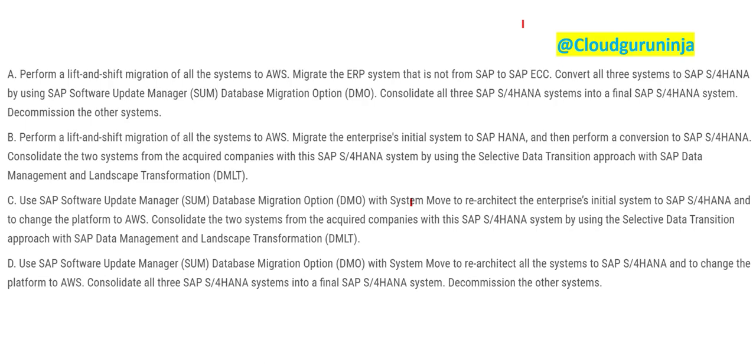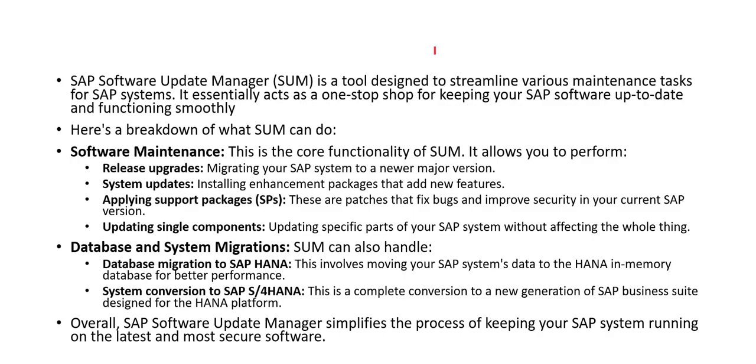See, you have to use SUM. Okay, so this is born for this purpose. You can pause this portion. I have put some context around SUM. You can do system conversion to HANA. We need that here.